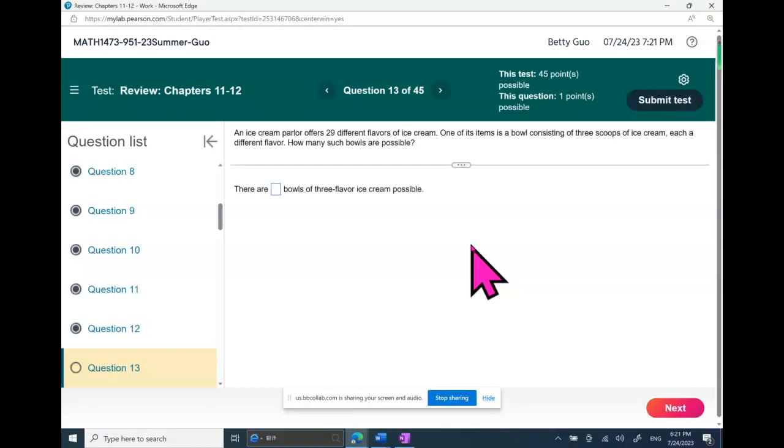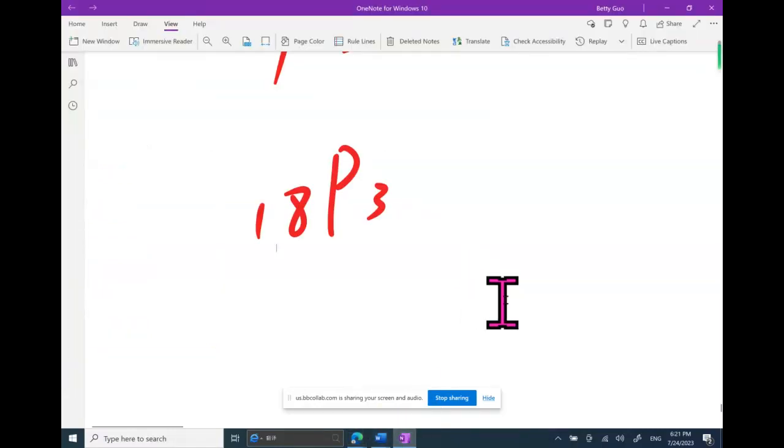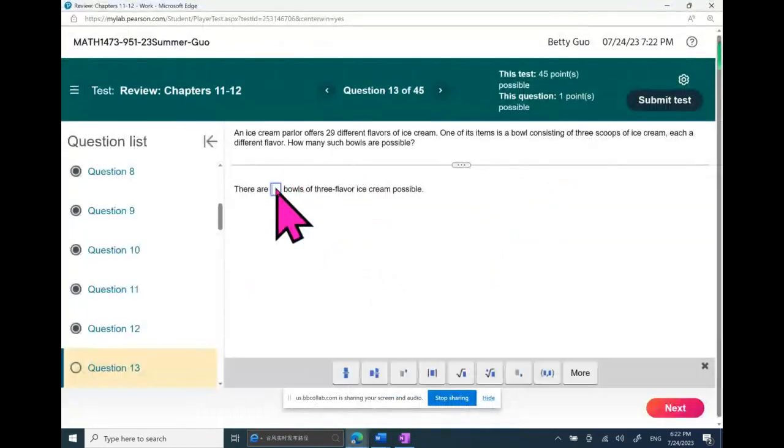So this is a combination problem, C(29,3). Go to calculator, enter 29, and then math, probability, nCr, 3. The answer is 3,654. Let's enter the answer, 3,654.